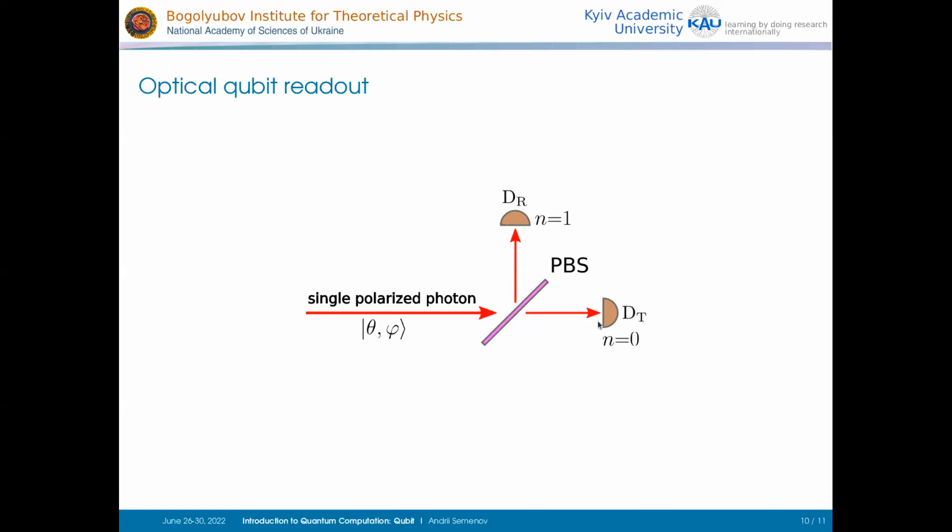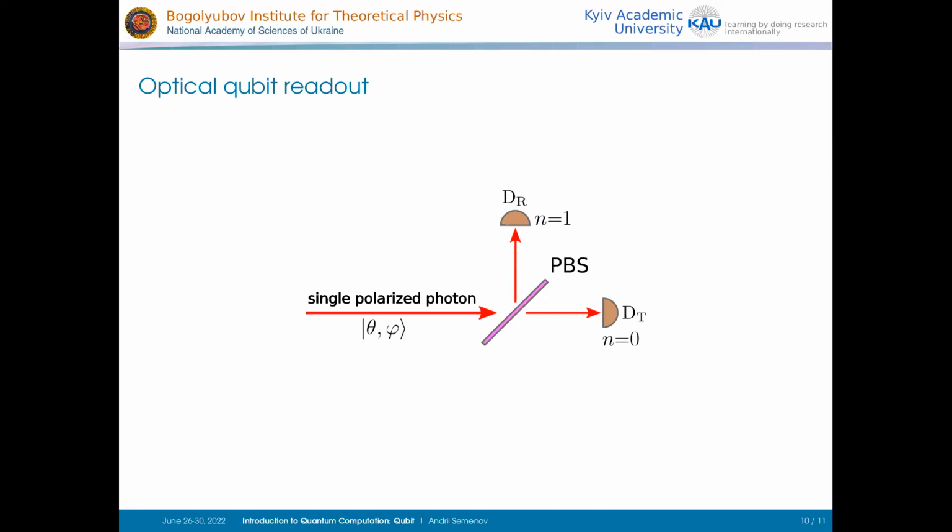And after that, here will be the photodetector, which can absorb these photons and show us the result. When your photon is vertically polarized, it will be reflected and absorbed by this detector, and the detector will click. And you understand that your photon was in vertical polarization, for example.